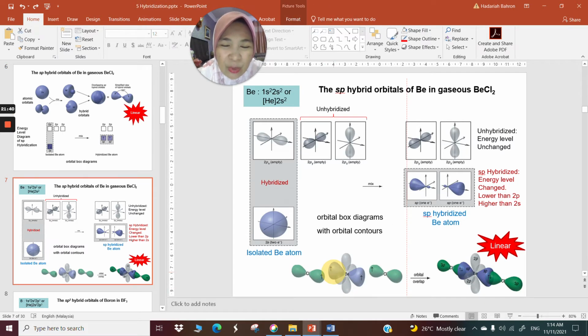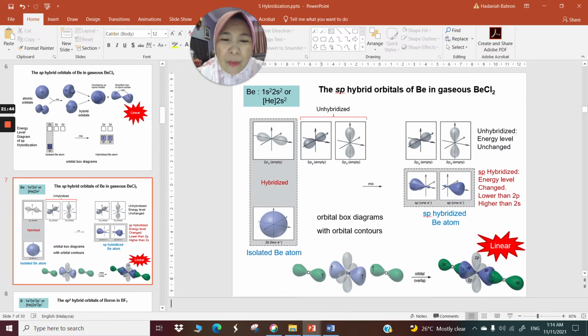So this singly occupied sp hybrid orbital, when a chlorine atom approaches it, this single electron in the chlorine atom, if you can recall, chlorine is 3s2 3p5.